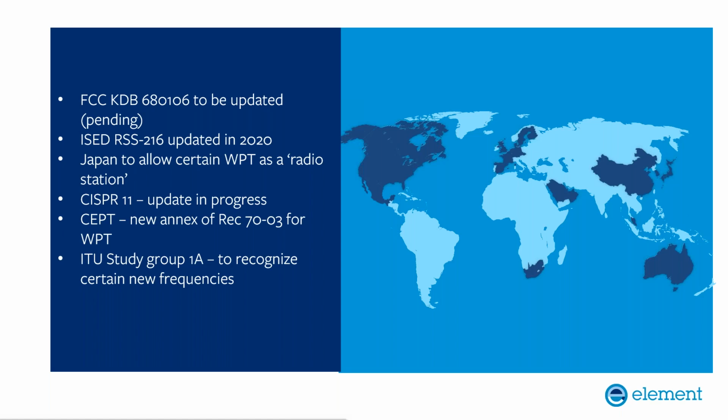We've got the publication of RSS 216, I mentioned for Canada. And then we've got other countries like Japan, which are starting to recognize WPT as a radio station that allows certain types of WPT to be rolled out in Japan alongside other radio devices by defining it as a radio station.